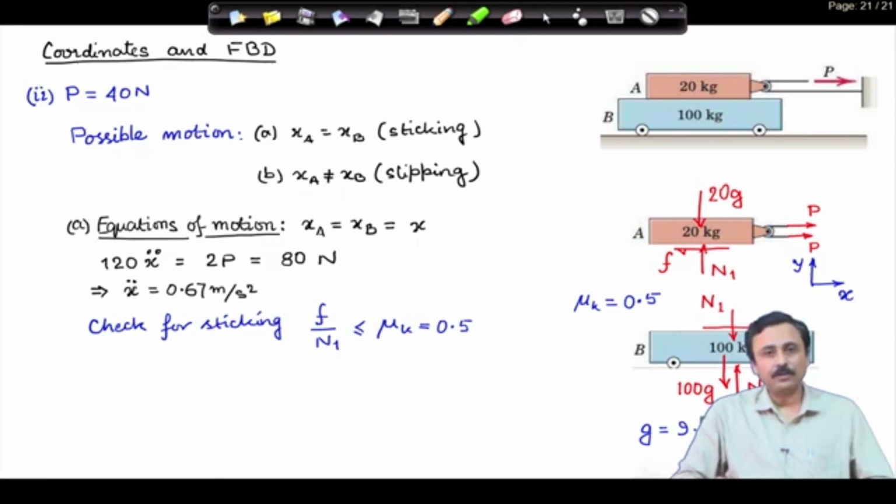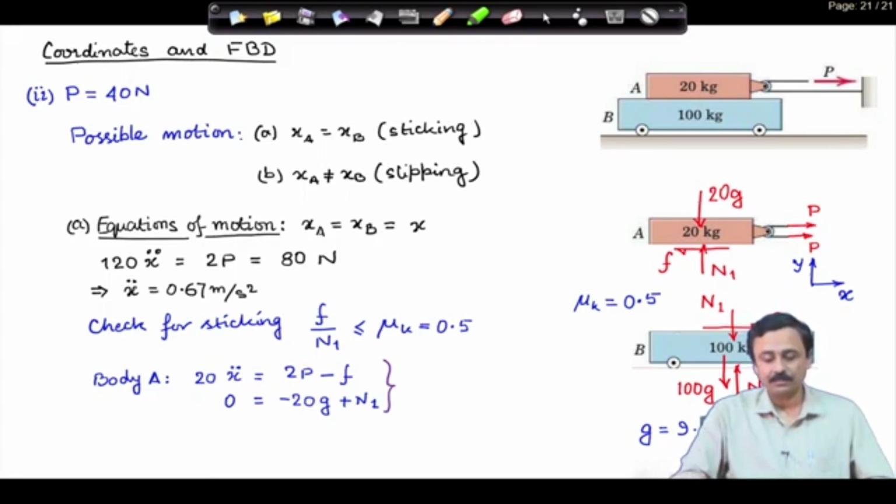Now, we check again for sticking, because we are assuming sticking. Let us see if it really sticks. So, I have to calculate the friction force acting at the interface, divide it by the normal reaction at the interface, and check that it is less than mu s. For body A, the 20 kg block, I look at the equation of motion in the horizontal direction and the equation in the vertical direction, which is basically force balance, and from there I get the force of friction as 66.6 Newton, and the normal reaction remains the same, 196 Newton.